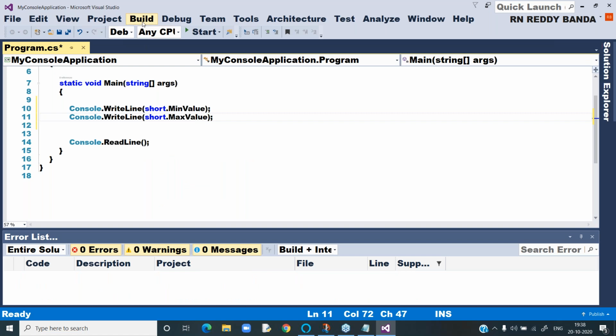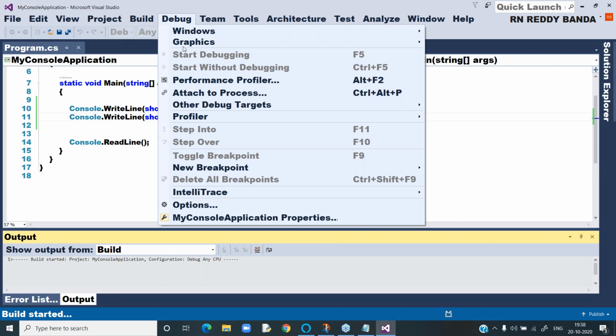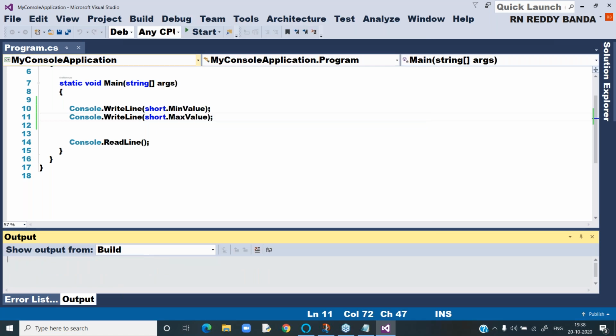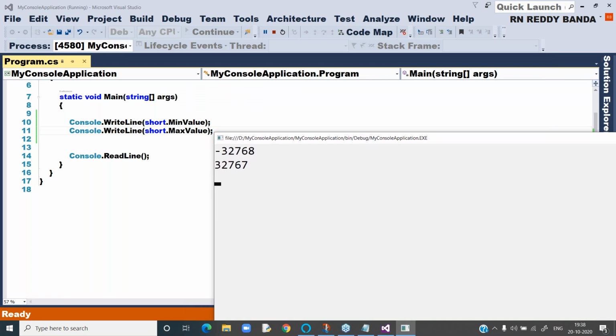Short.MinValue and short.MaxValue, what is this?